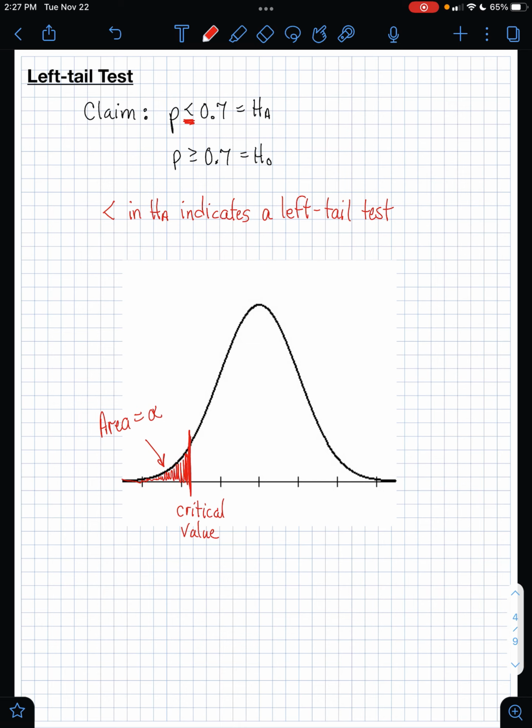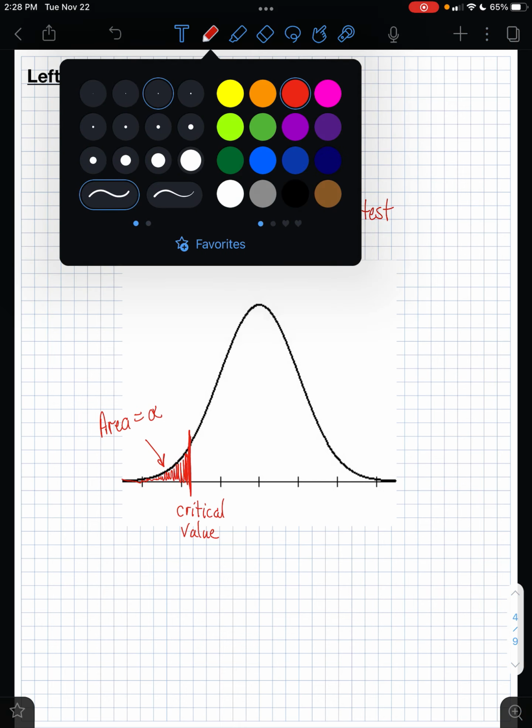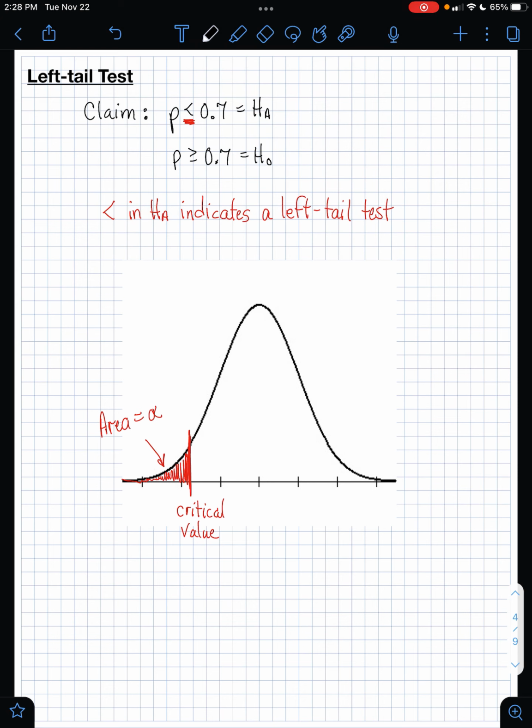And note that that is at the extreme left. So let's take a look at what our null hypothesis is saying, because we're testing the null hypothesis. The null hypothesis says that we should be getting a probability that is greater than 0.7. Greater than means we should be heading somewhere in this direction. The null hypothesis wants us to be over there.